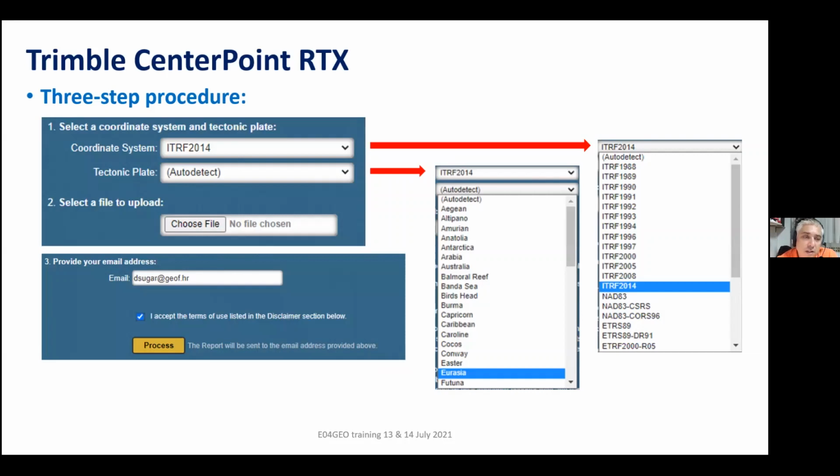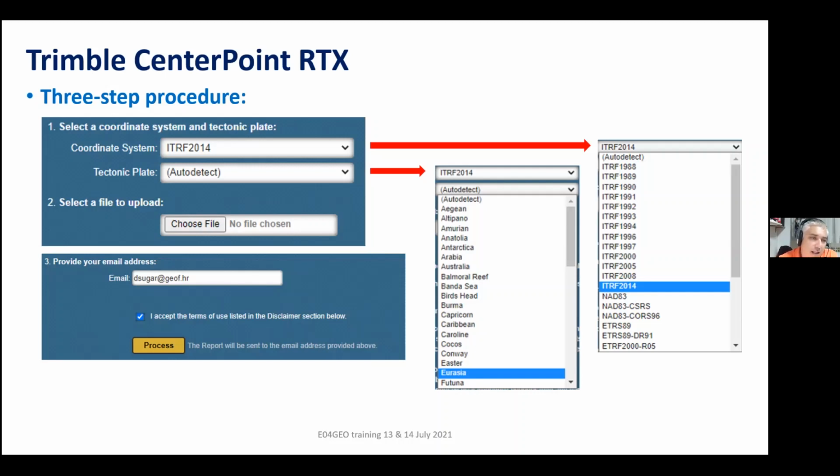Of course, you have to select a tectonic plate. The default option is auto select, which means that based on the coordinates in your file, the system will choose the best tectonic plate from the data. But if you click on the arrow, there is a list of all these 56 tectonic plates available.